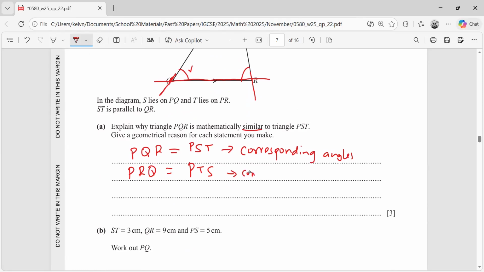The question is 3 marks, so far I think we have 2 marks.